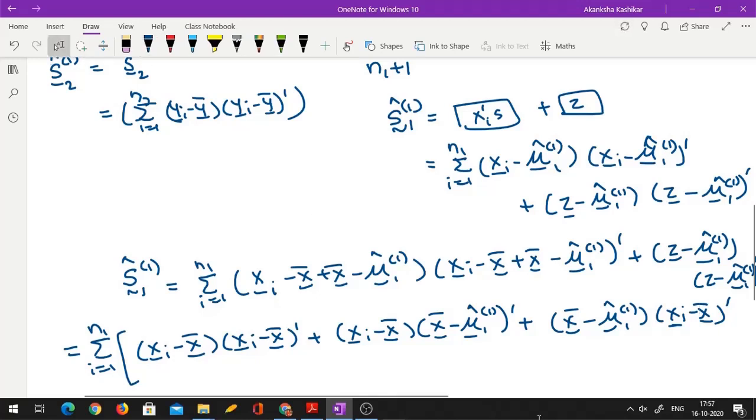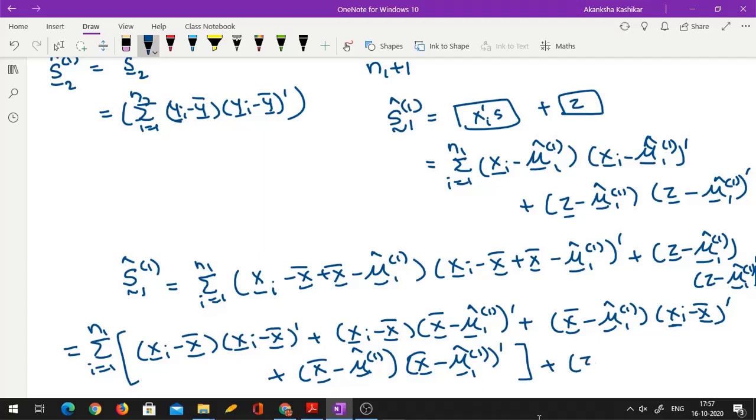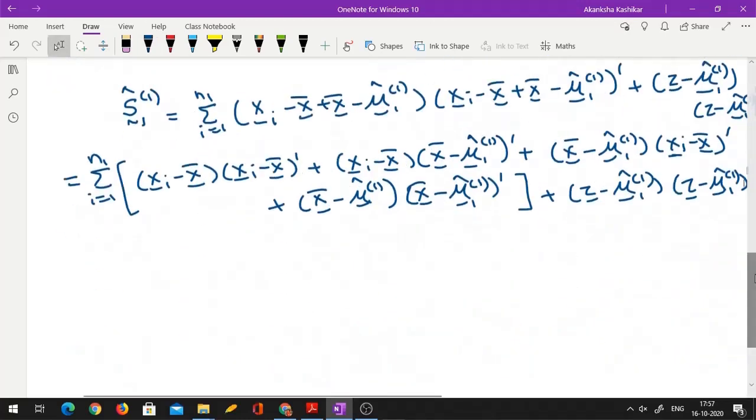That is my first hypothesis, and the second hypothesis is that x1, x2, up to xn1 come from the first population, and z, y1, y2, up to yn2 come from the second population. So these are my kind of competing hypotheses.